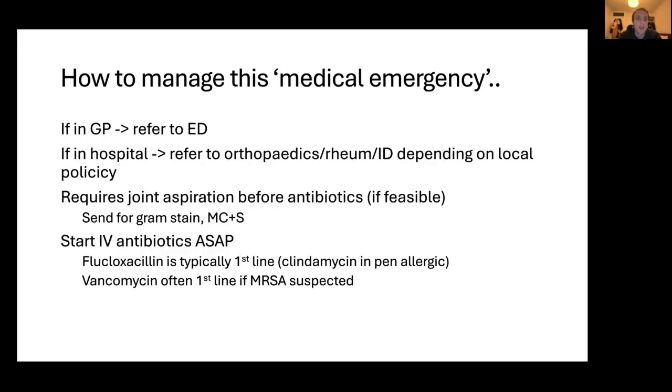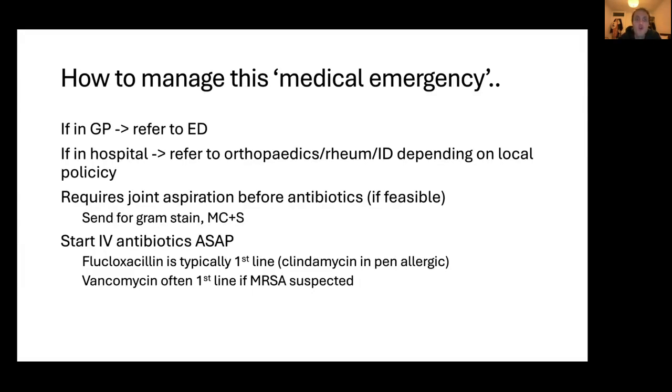So thinking in OSCE terms, always think about what context you're in. Are you in a GP practice? If you're in a GP practice, obviously you're not going to be putting a needle in someone's knee and prescribing IV antibiotics. You're going to be referring straight to the emergency department for assessment there. But if you're in a hospital, if you're in A&E, you're going to be speaking to whoever, depending on your local policy, investigates and treats septic arthritis.